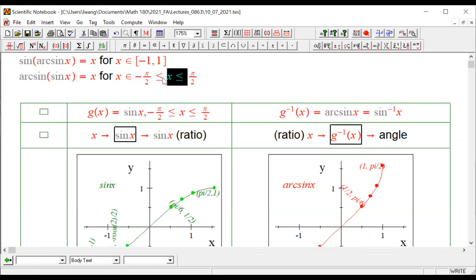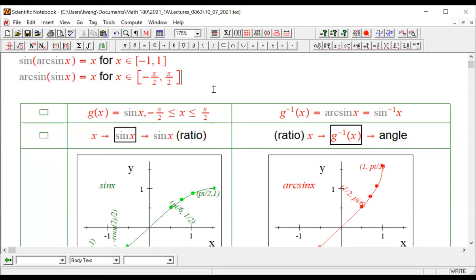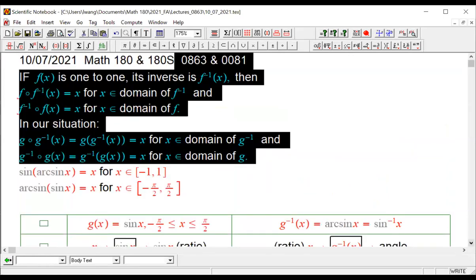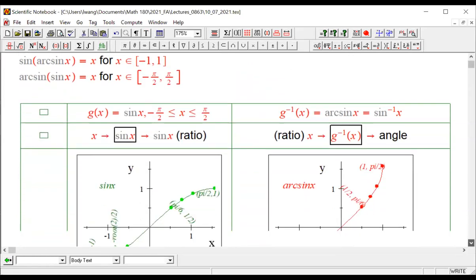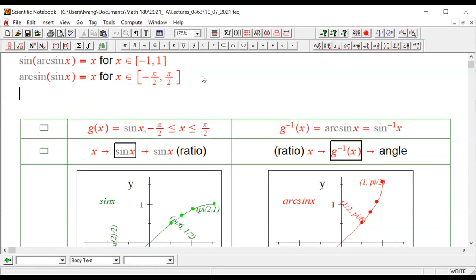If I use this notation, I will use the interval. So that's what we got. And what are these? I want you guys to look at the notes for Trig 7A.